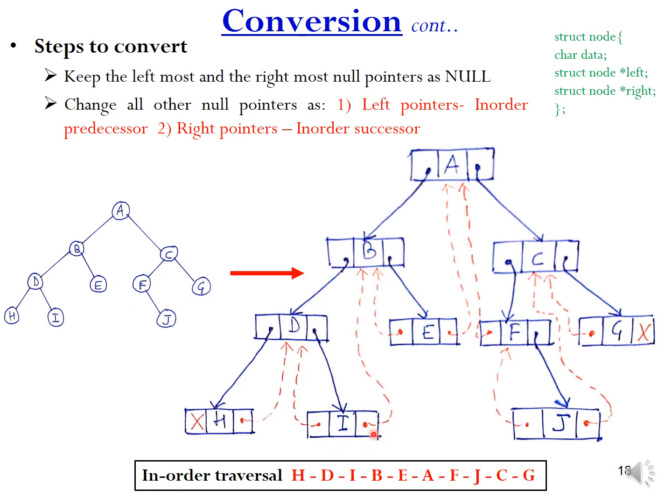The right pointer of node I is pointing to its in-order successor, node B. The right pointer of node E is pointing to its in-order successor, node A. The right pointer of node J is pointing to node C, its in-order successor, and the right pointer of H is pointing to its in-order successor, D. Moreover, the left null pointer of H remains null, shown by X, and the right null pointer of node G also remains null, also shown by X. So in this way, we can see one more thing: it is to be noted here that a particular node has three fields.